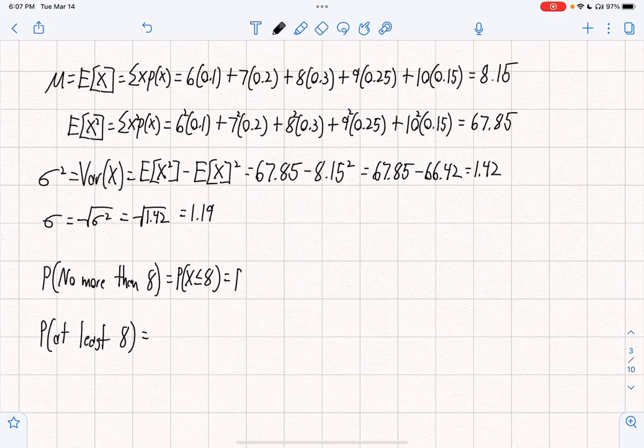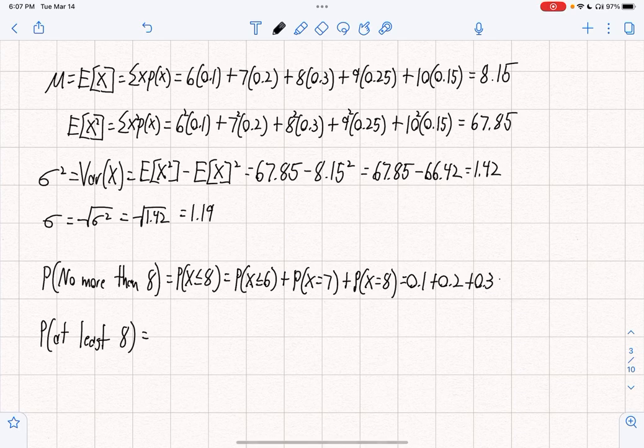So this would be probability x less than or equal to 6 plus probability x is equal to 7 plus probability x is equal to 8. And from our table, this is 0.1 plus 0.2 plus 0.3 is 0.6.